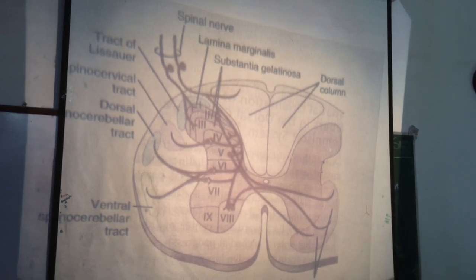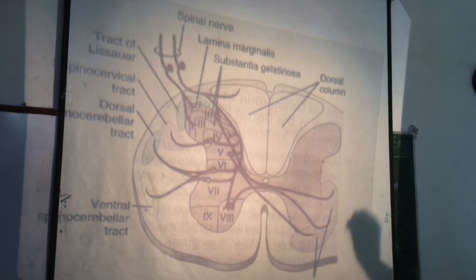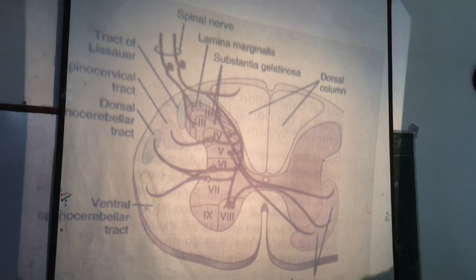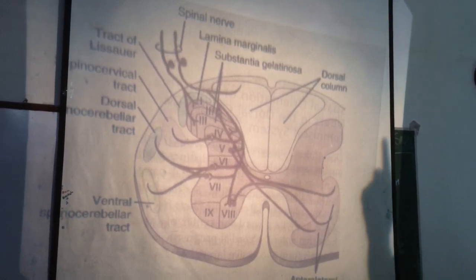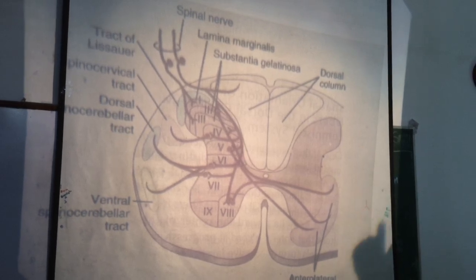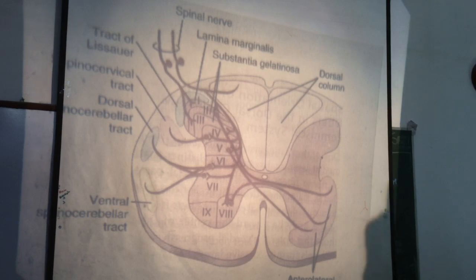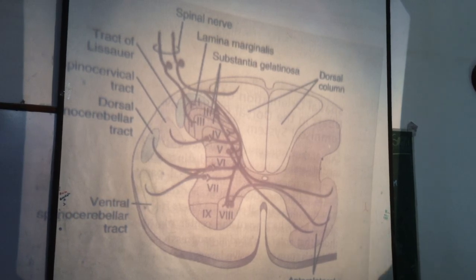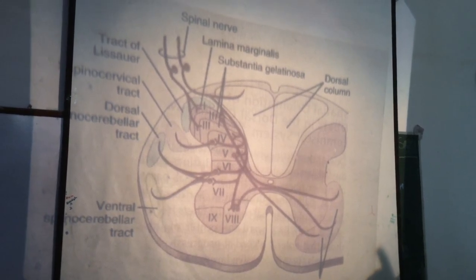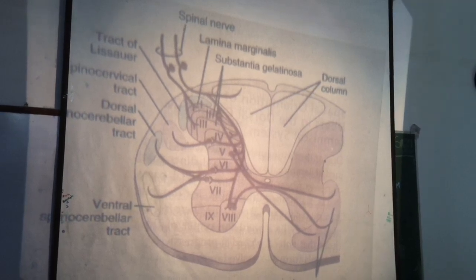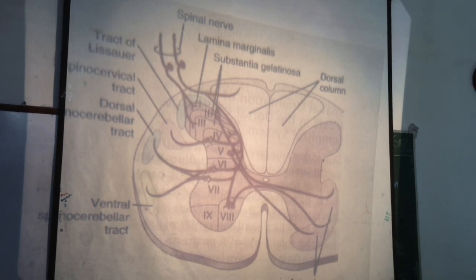Their nerve fibers come out to the ventral root of the spinal nerve as alpha efferents. And these alpha efferents are alpha motor nerve fibers. These innervate the skeletal muscle.